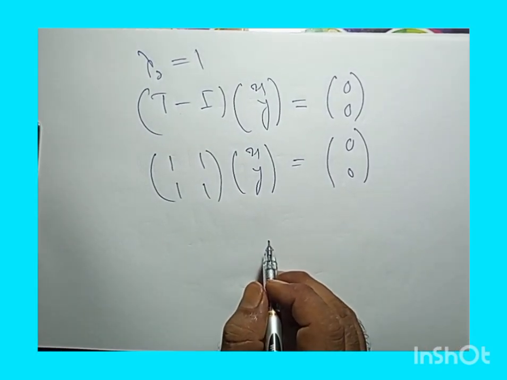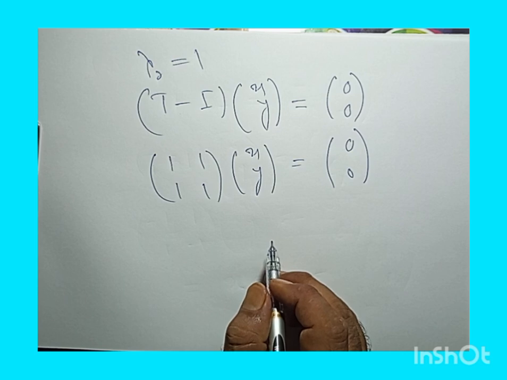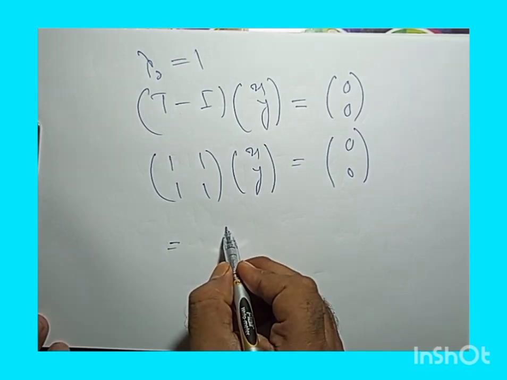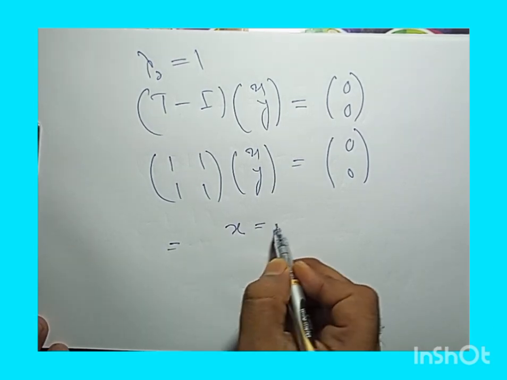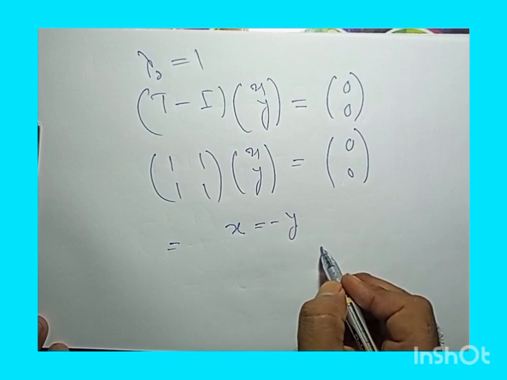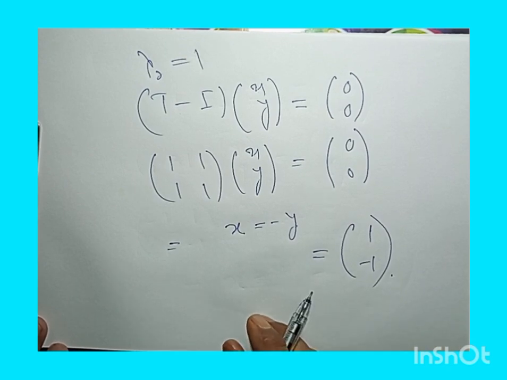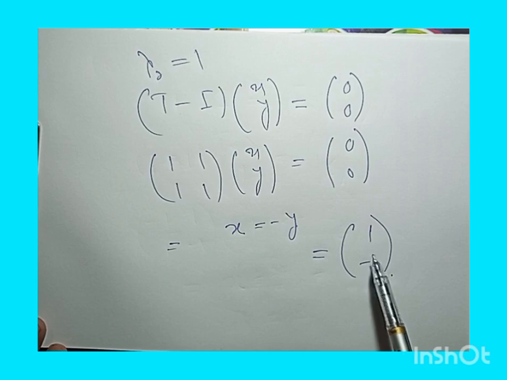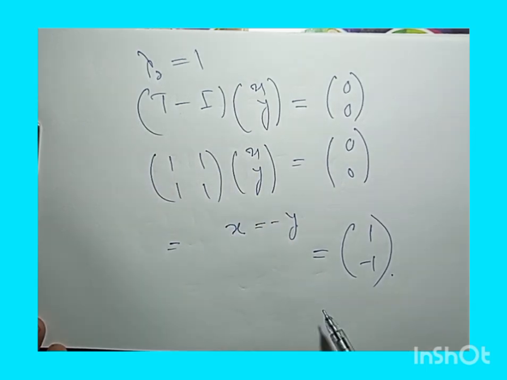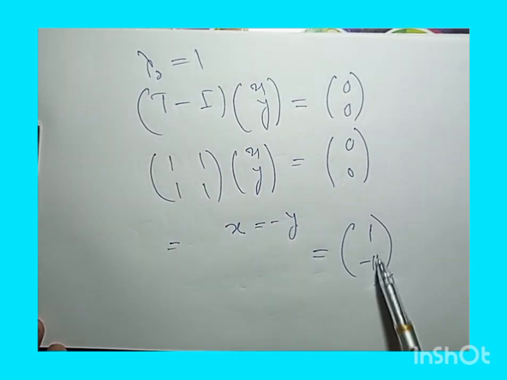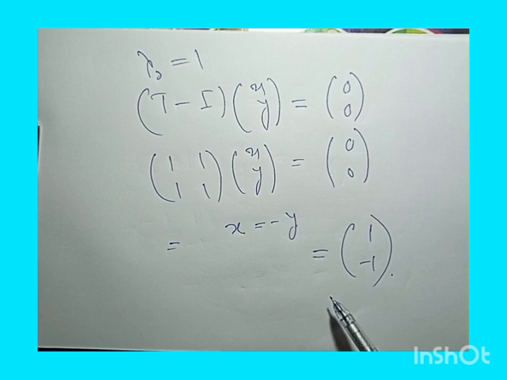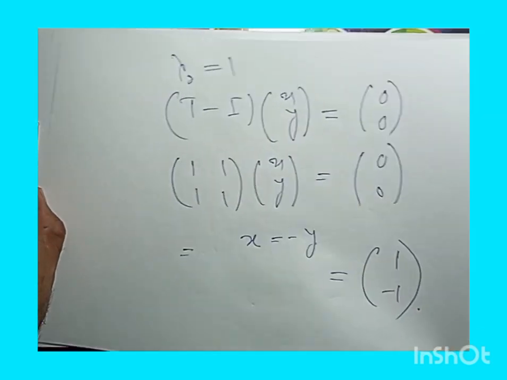After solving, x will come out to be minus y. So we will have the eigenvector as 1 and minus 1. Lambda 1 and lambda 2 are the eigenvalues, and we have the corresponding eigenvectors: for lambda 1 equal to 3, 1 and 1, and for lambda 2 equal to 1, 1 and minus 1. So this is another problem. Now let's take another problem to solve.